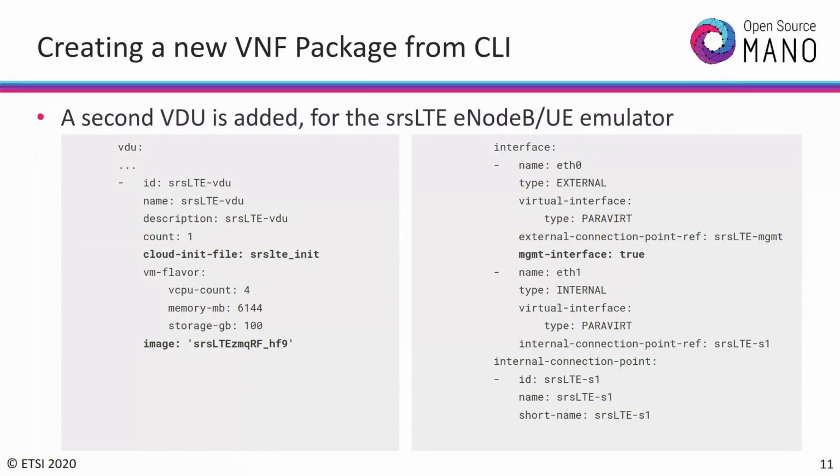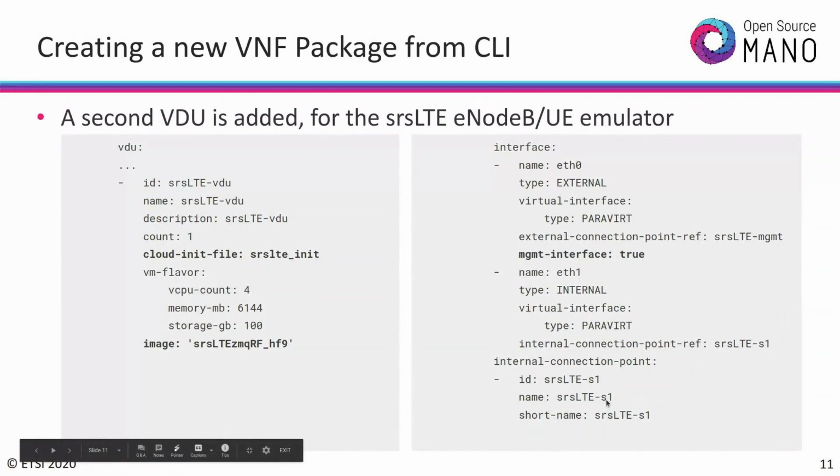Anything that is related to management will be run against this interface. So you should put that parameter there. And then we have the SRS-LTE S1, which is the connection of the internal VLD. So we should also refer to an internal connection point as we did before.